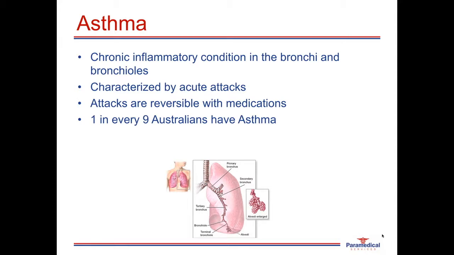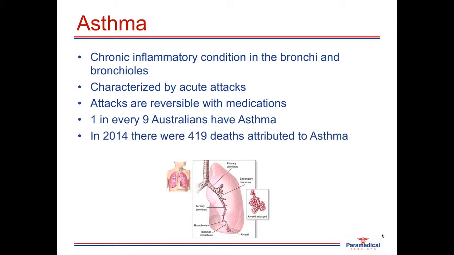And although asthma attacks can range from mild, moderate, and severe, it is considered a life-threatening condition. In 2014, there were 419 deaths attributed to asthma, which unfortunately many of these could have actually been avoidable with the correct treatment and the correct management.